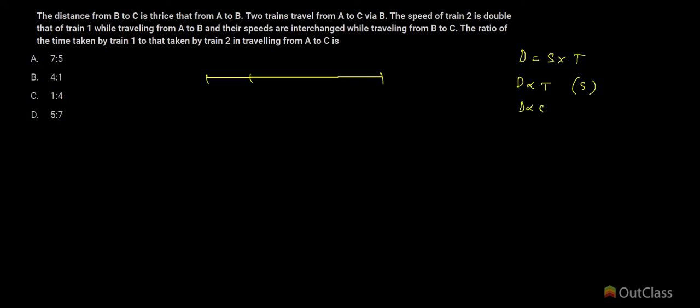Distance is proportional to speed when time is constant. Speed is inversely proportional to time when distance is constant. Now we'll need this and this, I believe. Yeah. So it's proportionality primarily. We'll also make use of invariance.